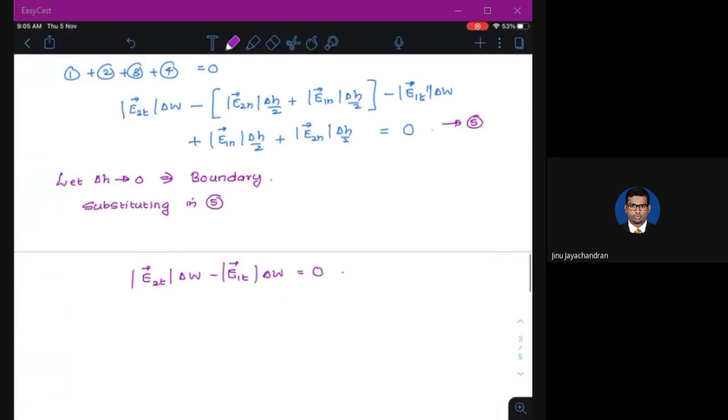Or we can cancel delta W: the magnitude of the tangential component of both the electric fields is the same once you cross the boundary. This is the first boundary condition.